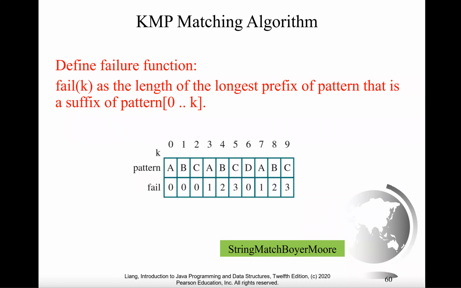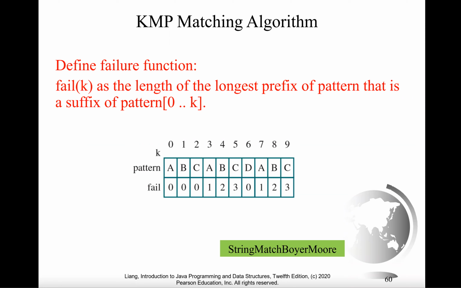Hello. In the preceding videos, we introduced the brute force algorithm and the Boyer-Moore algorithm for string matching. In this video, we'll introduce the Knuth-Morris-Pratt algorithm, known as the KMP algorithm.